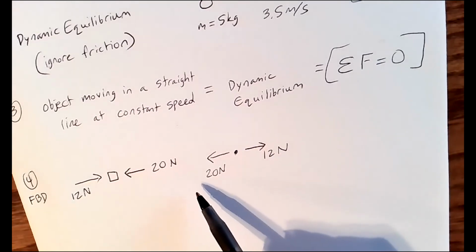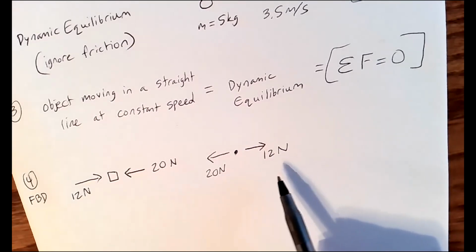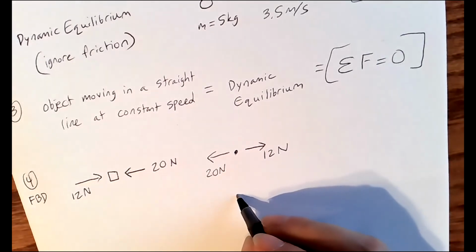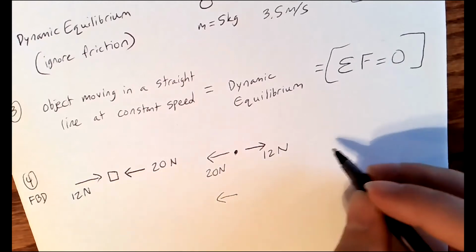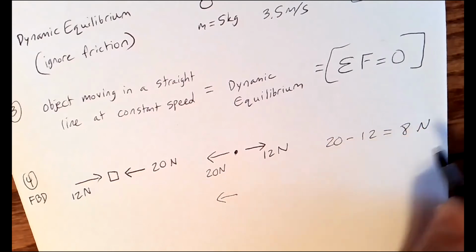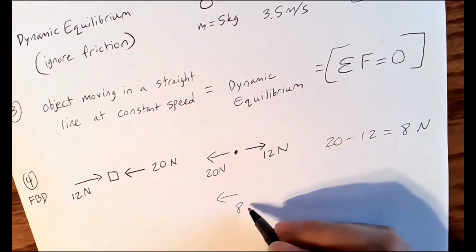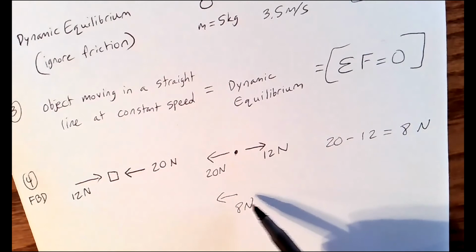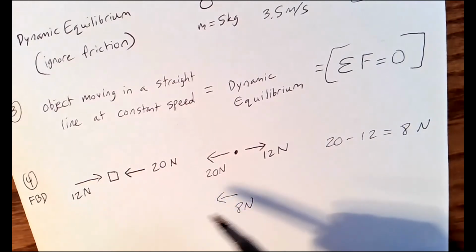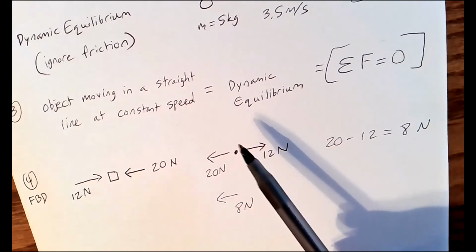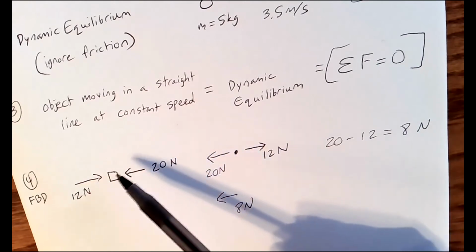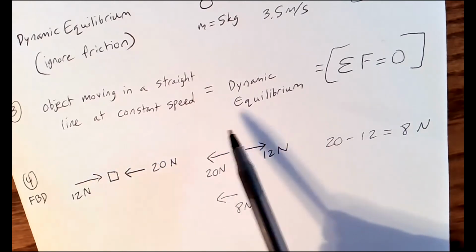So if 20 newtons are going this way and 12 are going that way, 20 minus 12 equals 8 newtons. So the remaining force is 8 newtons, and it will be moving towards the left because the force applied from the right to the left is more than the force going the other way.